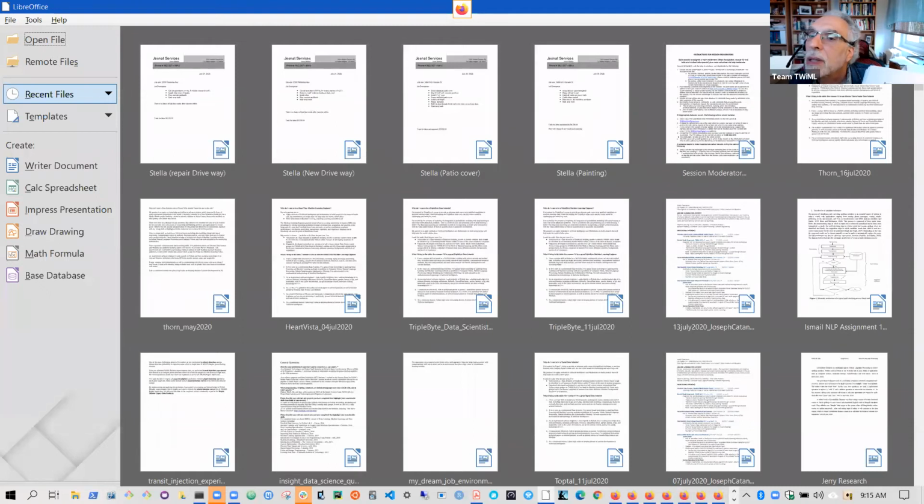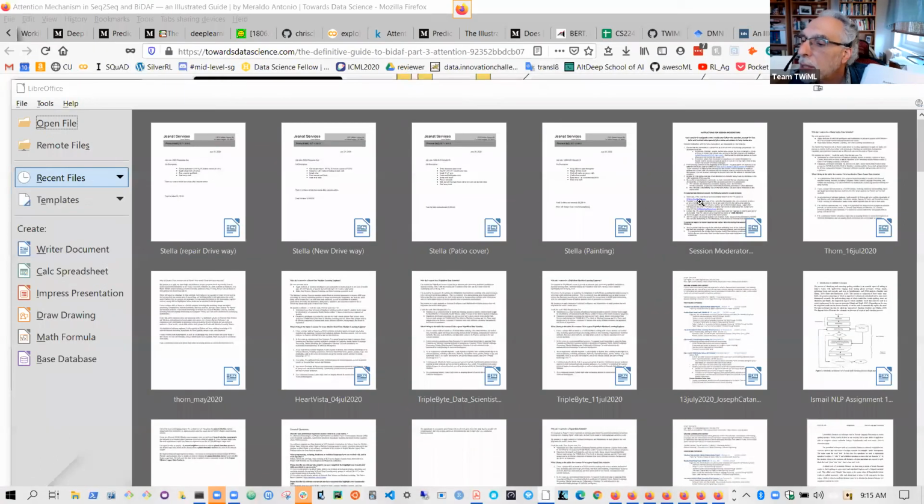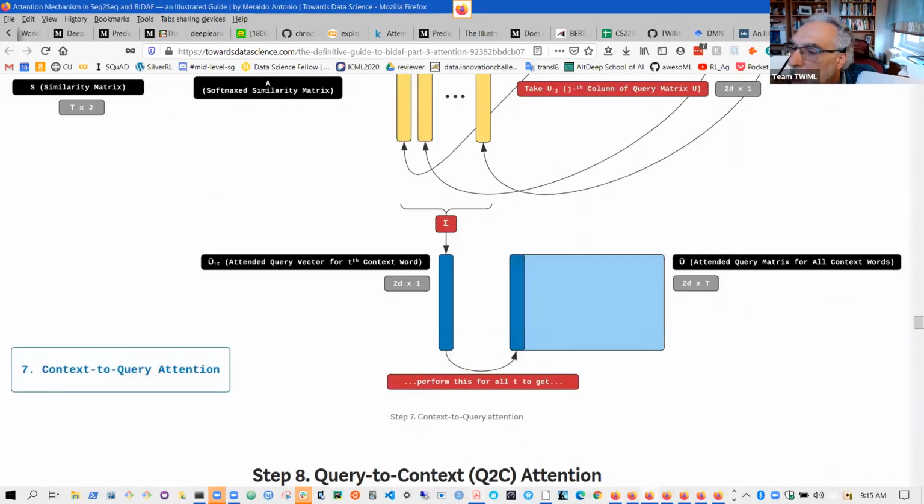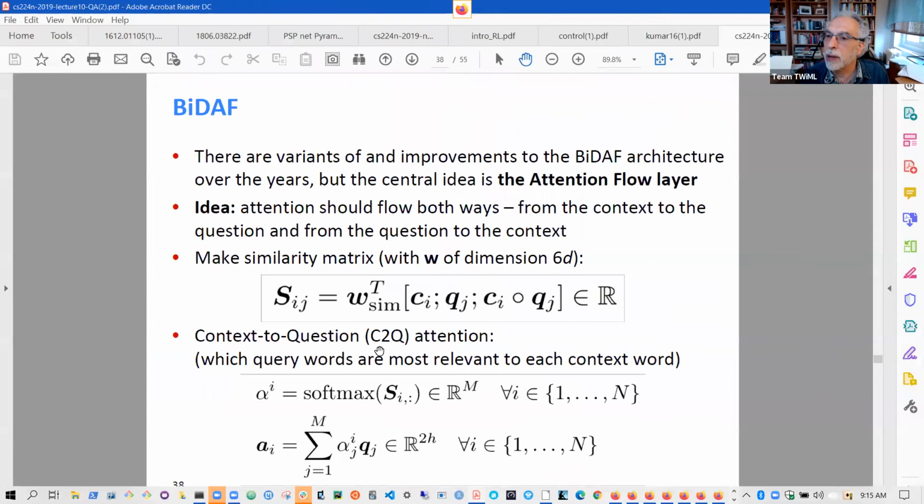Oh, this is the wrong one. Sorry, I want the PDF document. That's it right there. Can you see what I'm looking at now on this page? This is page 38 of the notes. Am I showing that? Yep. Okay, so this is AI.